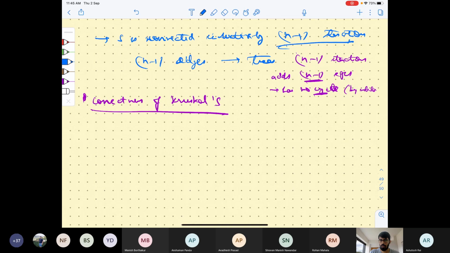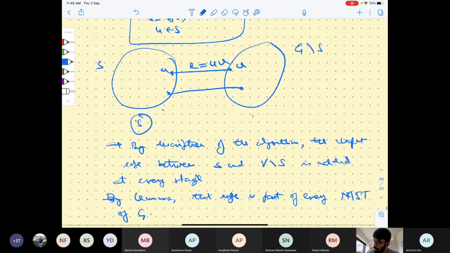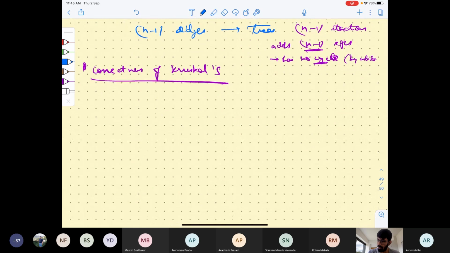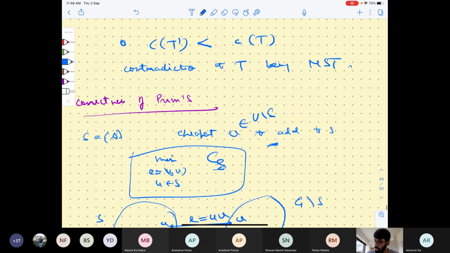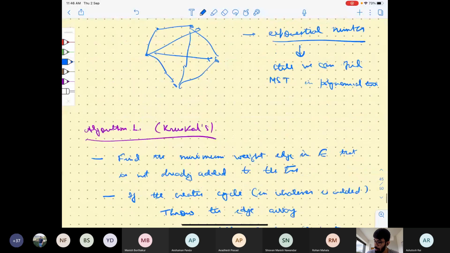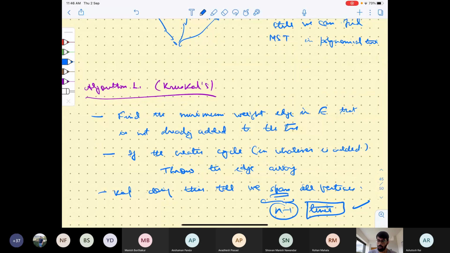So suppose at some point, similar things will happen here also, that basically whatever we have as this S and whatever we have as this V minus S. How do we make this S and V minus S? Because in Kruskal's we don't really have this S and V minus S as in the algorithm specified.